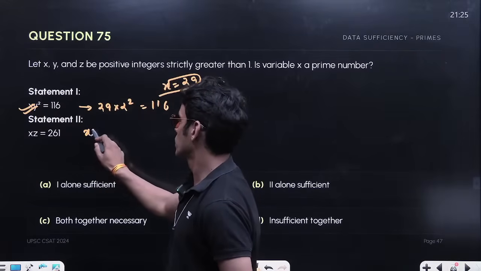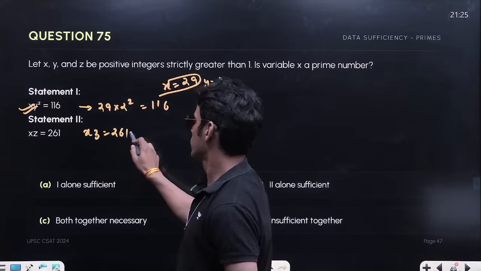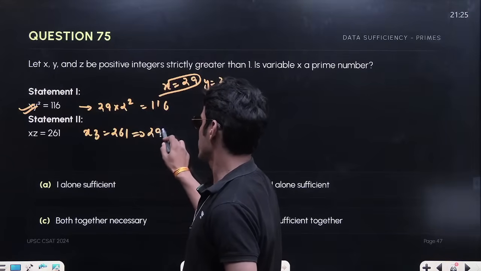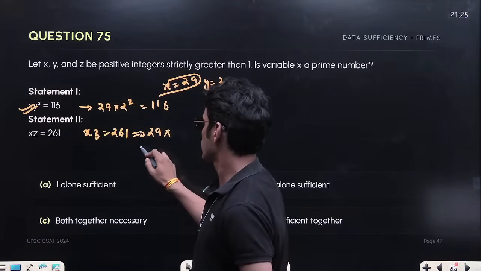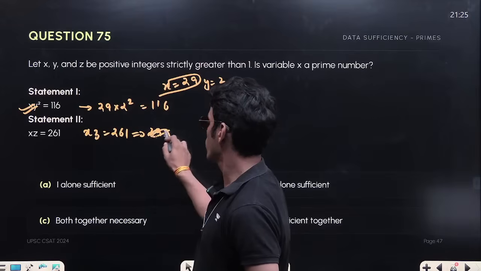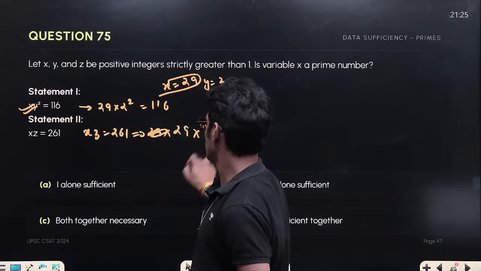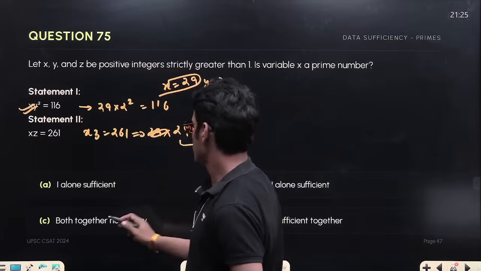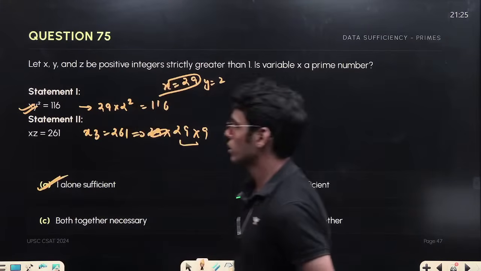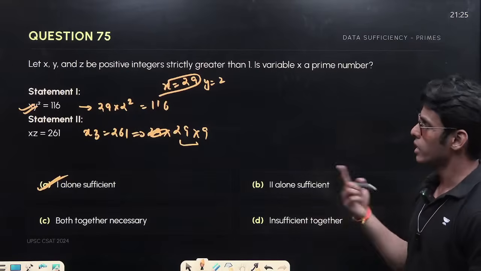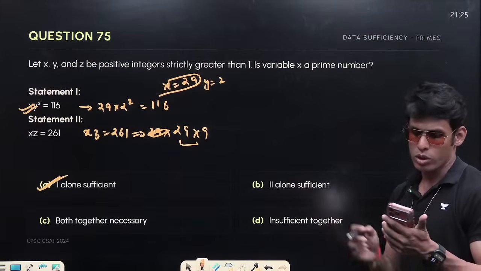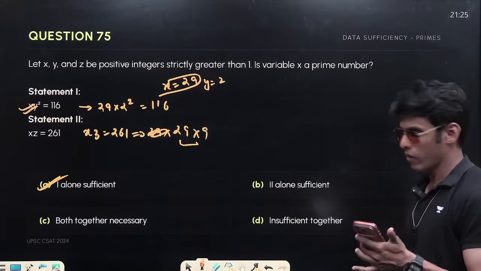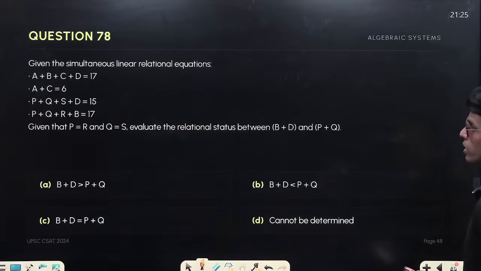Xz is 261. This gives me 29 into 9, so this cannot tell me anything, right? So this is correct. One of the statements is correct and the other is not required. So this was problem number 75.